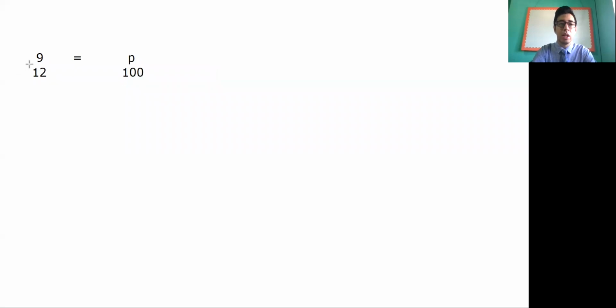Remember, these are the ratios, right? And I need to isolate the variable P. So, for example, this 100 that is dividing the variable, I need to pass it to multiply.